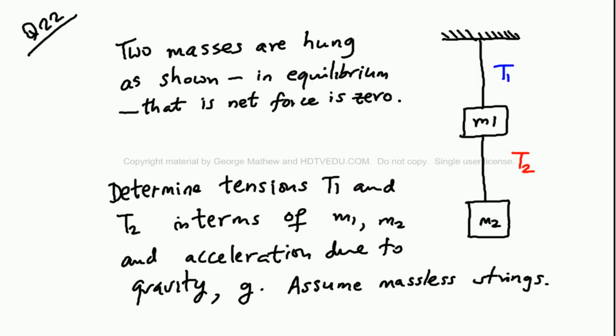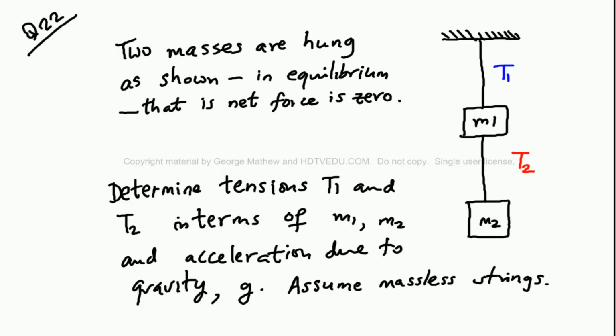Question number 22. Two masses are hung as shown in equilibrium. That is, net force is 0. Determine tensions T1 and T2 in terms of M1, M2, and acceleration due to gravity G. Assume massless strings.